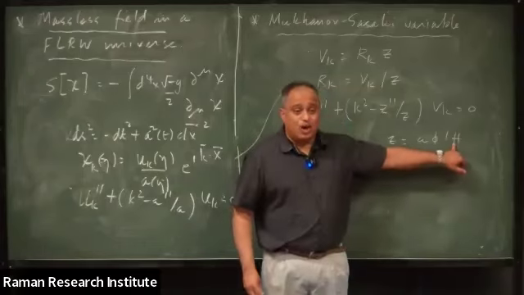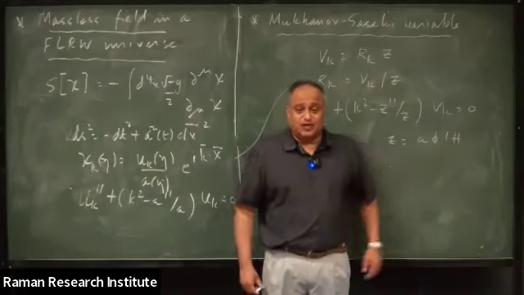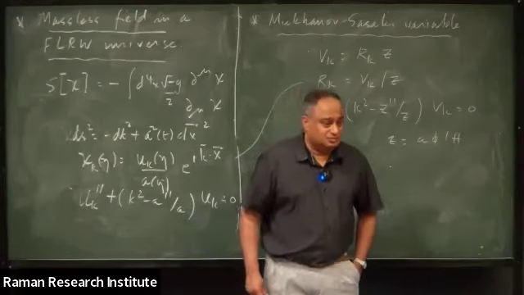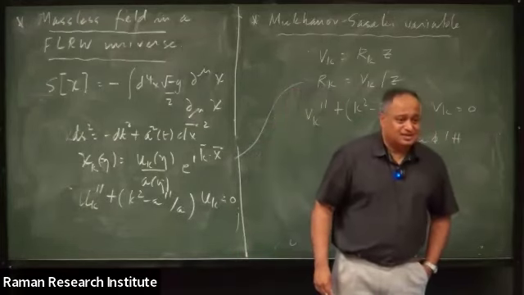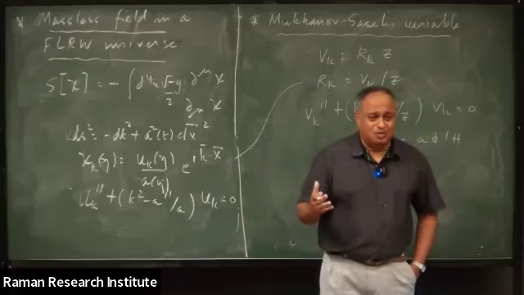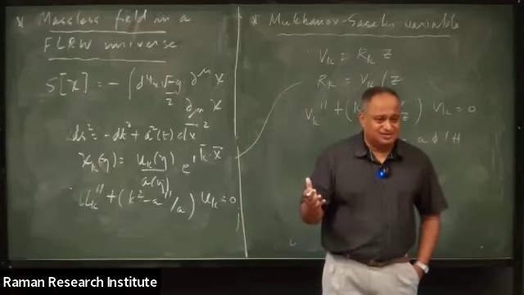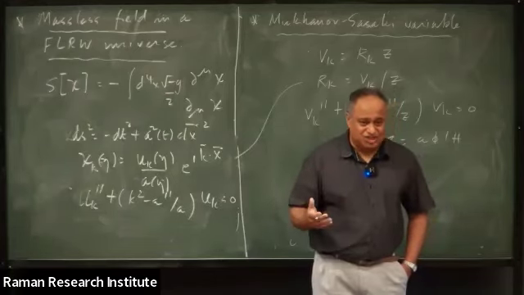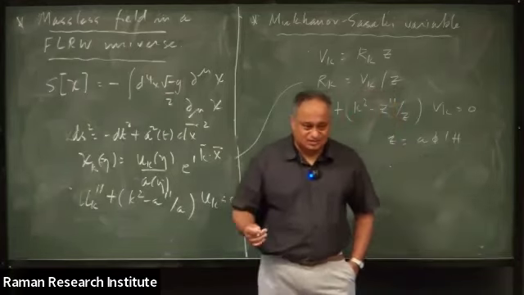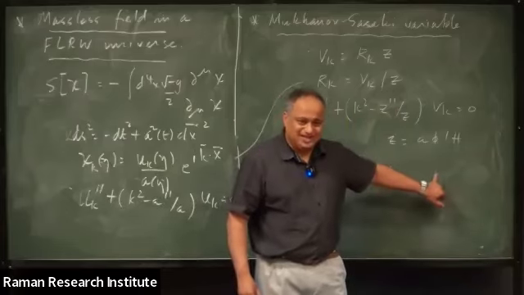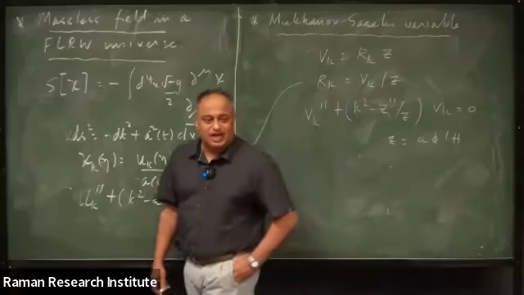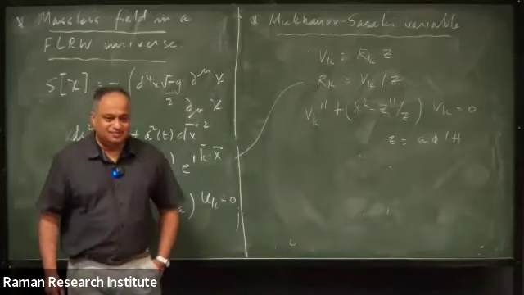Do you recall how H behaves as a function of cosmic time in power law inflation? Someone? a is t to the power p, t to the power q. What is H? Loudly. H behaves in power law inflation as 1 over t. And do you recall how we obtain phi of t in power law inflation?